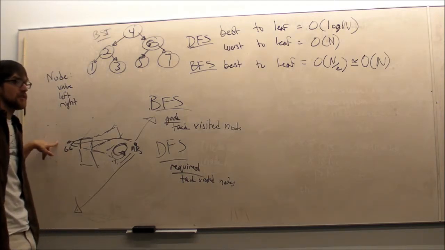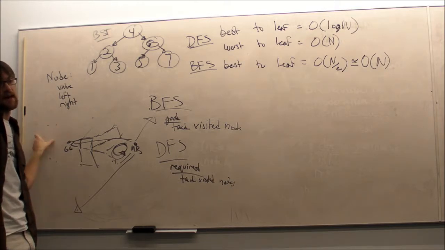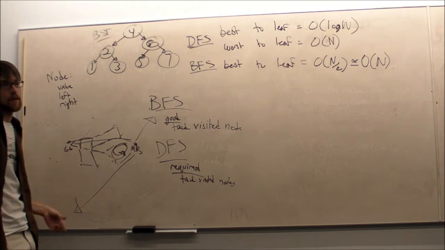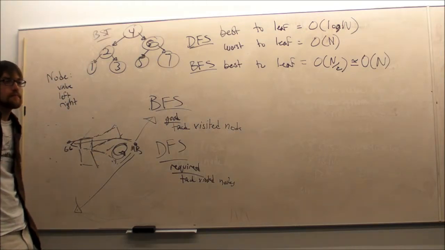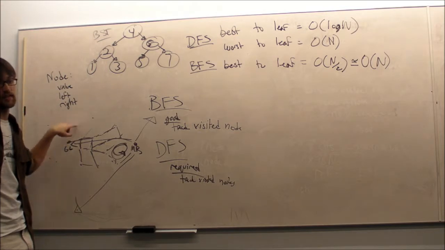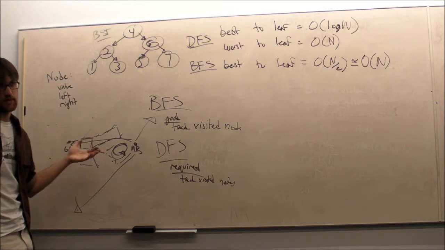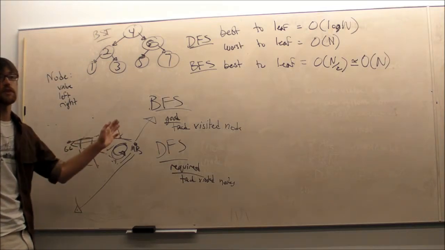What you end up putting on the queue is actually the path up to that point. Rather than just putting the node that you're visiting, you put the path. Does that make sense? Then you just check if the last point in the path is the target. If the last point in the path is the target, then you know that there was nothing you could have done that was shorter.